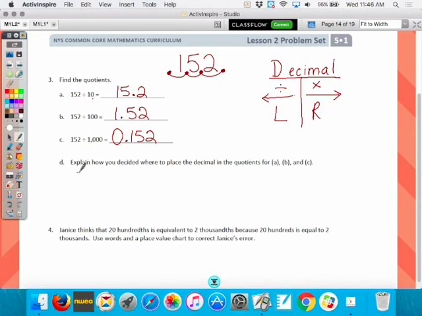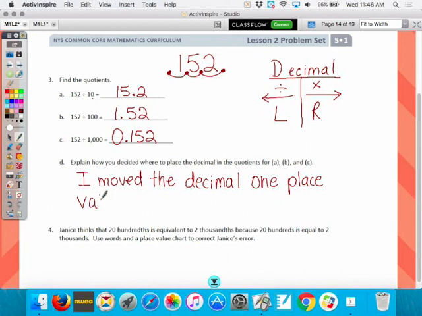Okay, so let's say I moved the decimal one place value to the left.